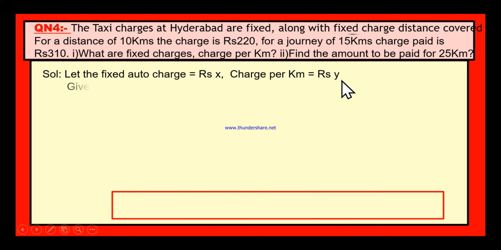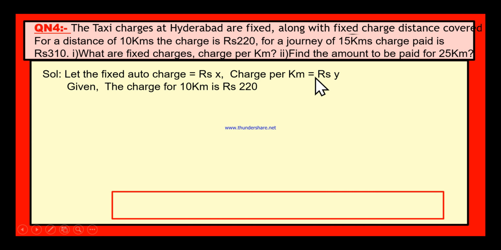Okay. Now you see this, it is given that the charge for 10 kilometers is equal to 220 rupees. 10 kilometers charge means there should be some fixed charge and there should be some amount for each kilometer.